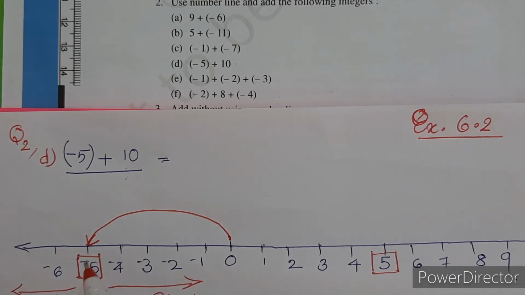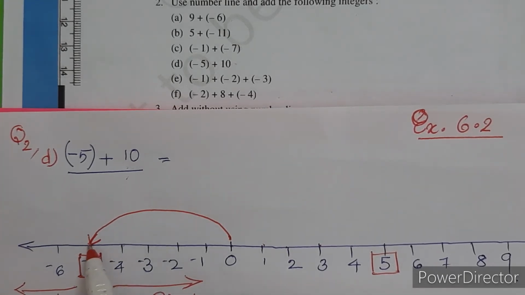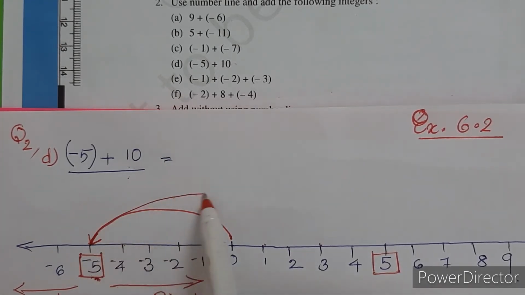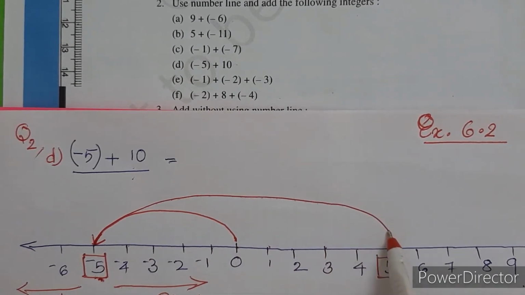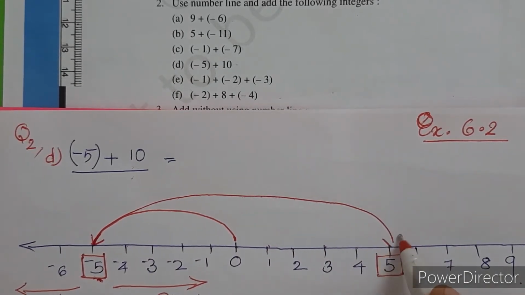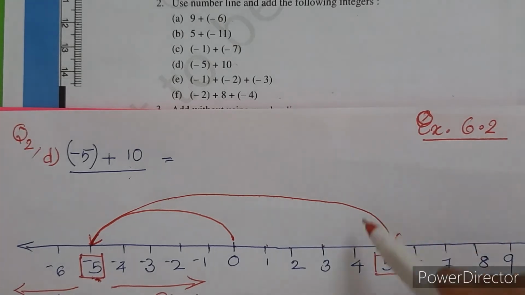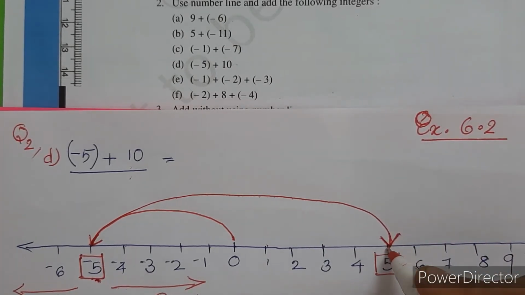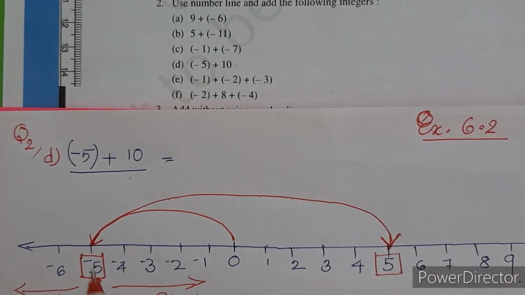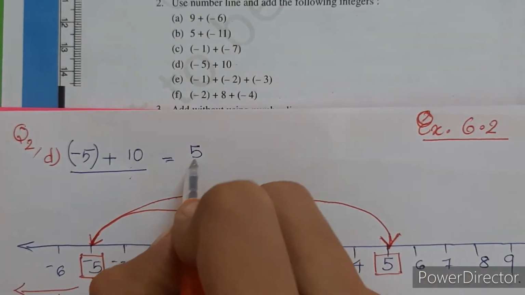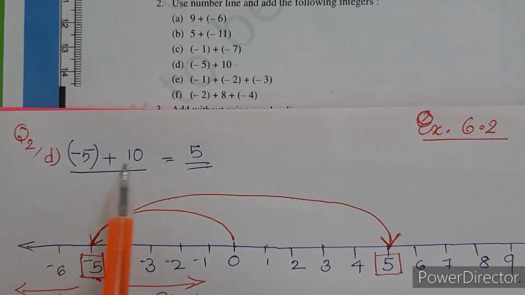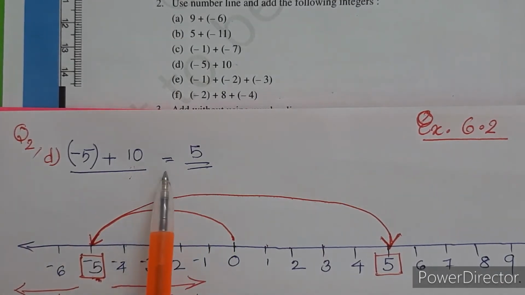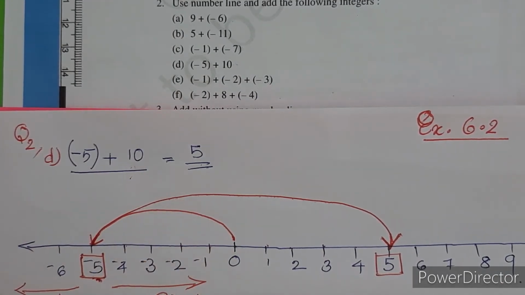So we can reach 5. Okay, so it will express like this. Okay, so we should put an arrow. Okay. So the answer will be 5. Minus 5 plus 10, the answer will be 5.